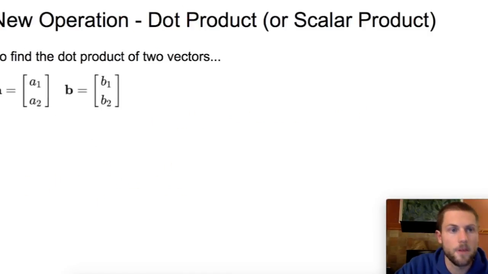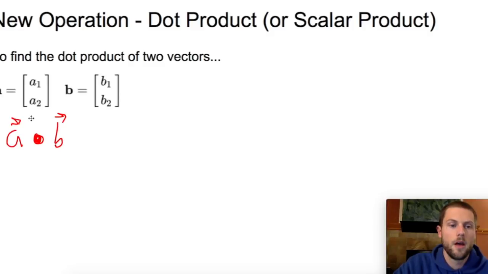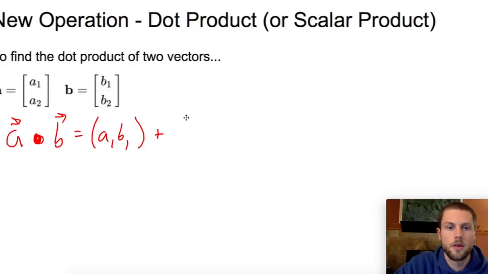So let's talk about the dot product between these two vectors. If I wanted to find the dot product between A and B, I would write this as vector A dot B, and this is a bigger multiplication sign. It's not the same thing as regular multiplication, so it gets a bigger dot. This is defined as multiplying, I should just use parentheses, A1 times B1 plus A2 times B2.